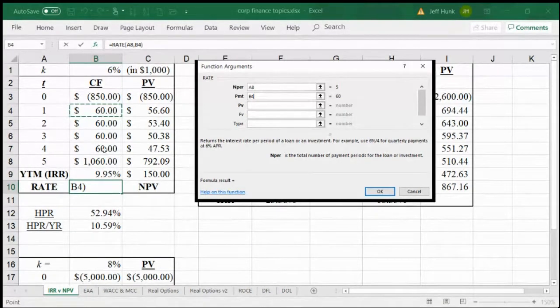If it is in irregular amounts, we cannot use this function. Also, this is annuity because these regular amounts are paid at regular interval. If it is sporadic or not at regular interval, you cannot use it because it's not annuity. But fortunately, it is annuity.